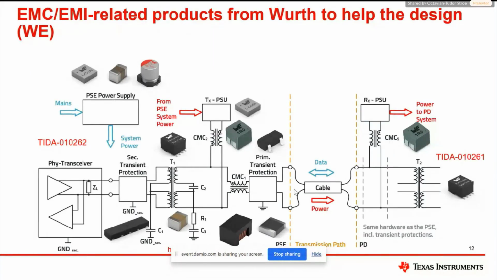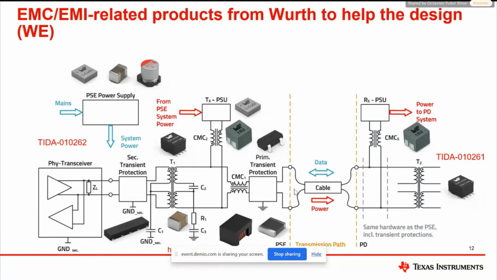Now, this is an approximation of the system, and it's not a one-to-one TI reference design. It shows the interface connection with the primary transient protection, the common mode chokes, the transformers, and the secondary transient protection to the PHY.